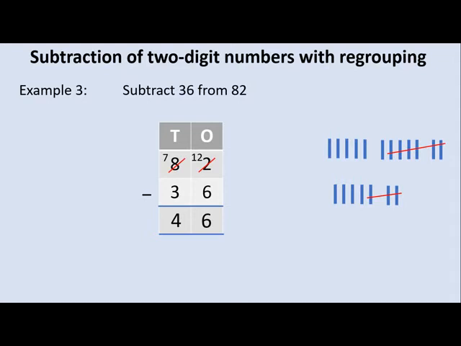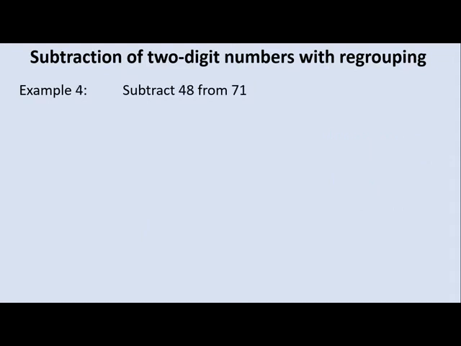So now let us move to the next example, example number 4. Here we have to subtract 48 from 71. We will write down the numbers one below the other as shown here with a minus sign. To subtract 8 from 1 is not possible.